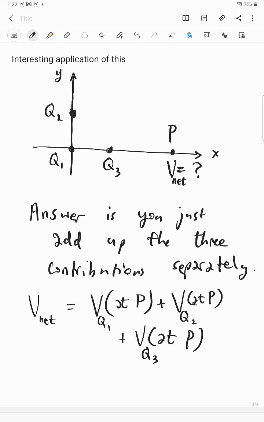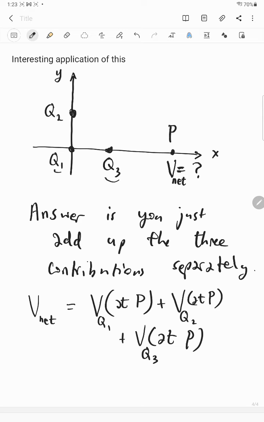In order to continue with this problem, we need more data, right? It sort of looks like Q1's at the origin, Q3's along the x-axis, some distance over, and then Q2 is up on the y-axis.